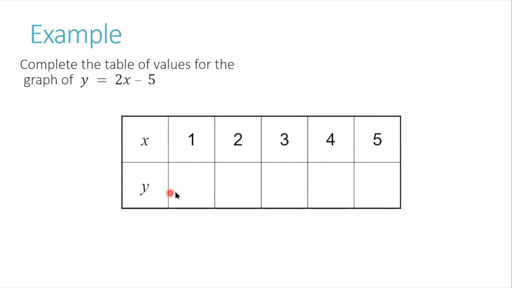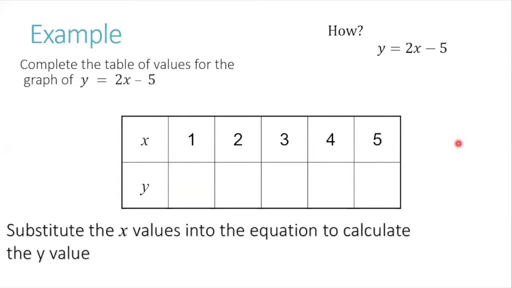And so to generate my y values for this, when x is 1, I just substitute 1. I just take the equation, and wherever I see x, I'm going to put 1. So now the equation becomes y equals 2 times 1, take away 5. And then you just simplify.